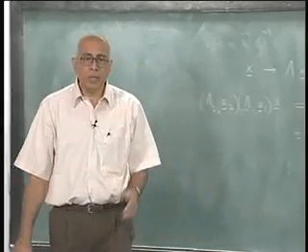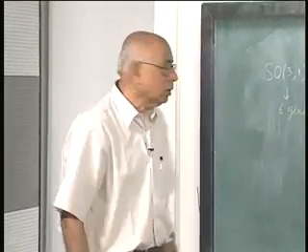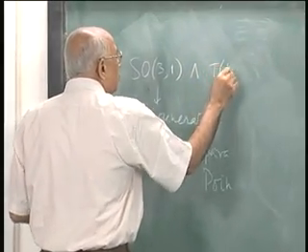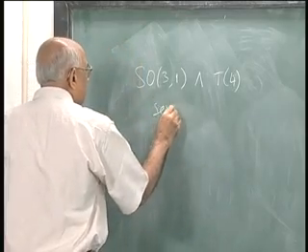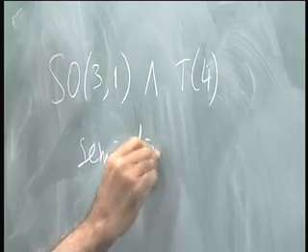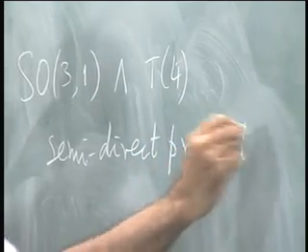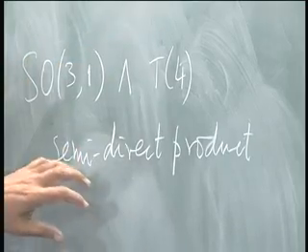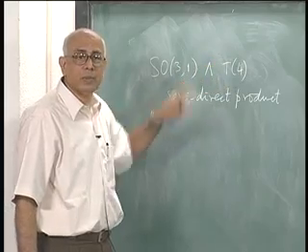Therefore the Poincare group is not just the direct product of SO(3,1) with T4, but it is SO(3,1) with T4, and this is called the semi-direct product. However, T4 is a subgroup of this full group, the inhomogeneous Lorentz group, and it is an abelian subgroup.